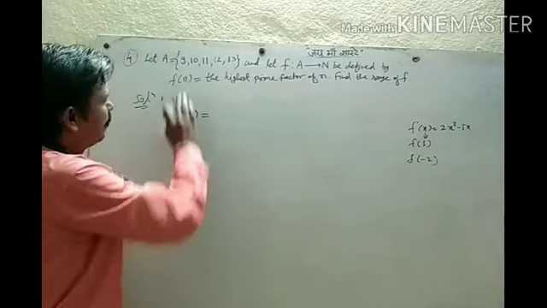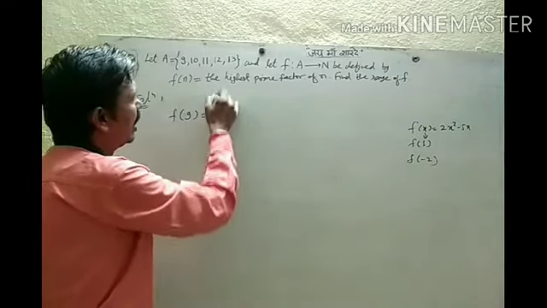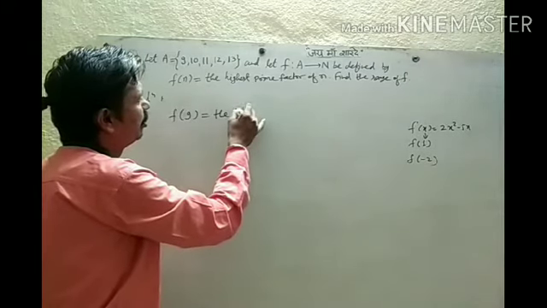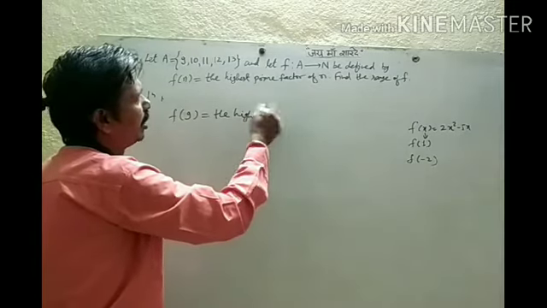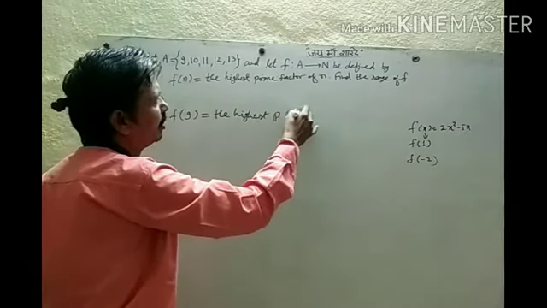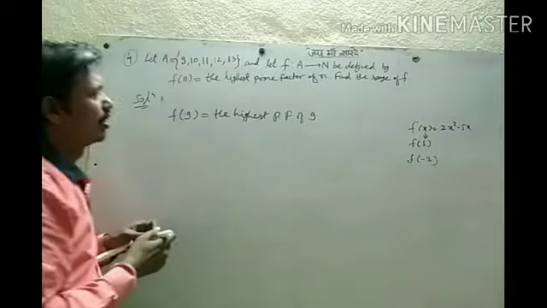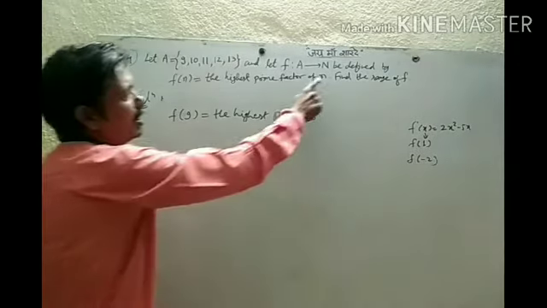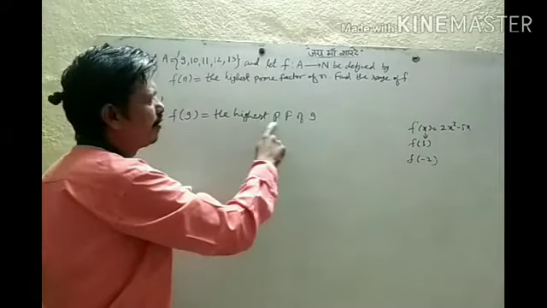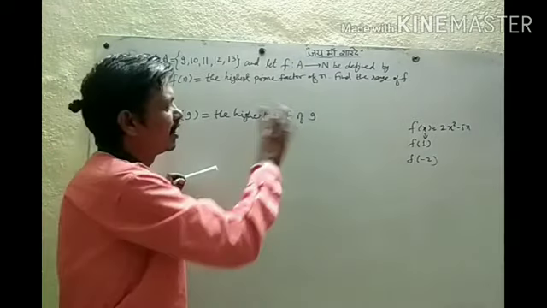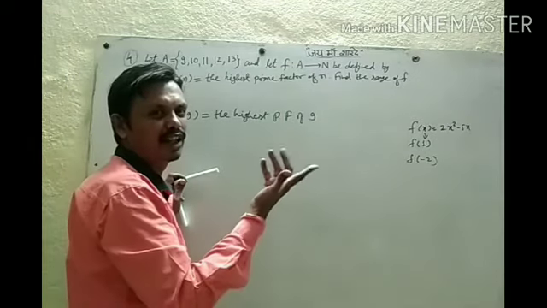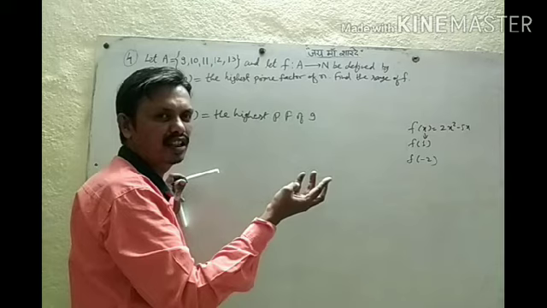So f of 9 means, according to the definition, the highest prime factor of 9, with n replaced by 9. Which prime number can divide 9, and that should be the highest? 9 is divisible by 1, 3, 9.